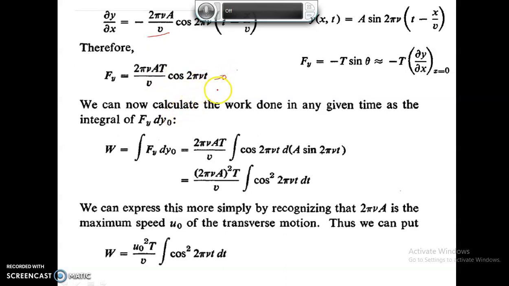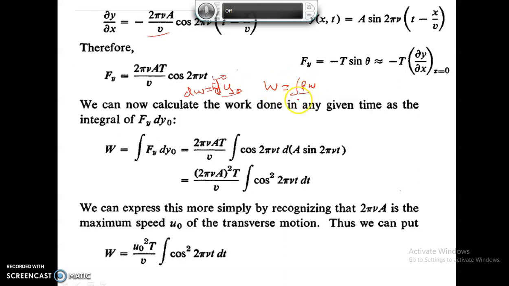Let it make an extremely small displacement for y at 0, say dy0. Then the work done, in terms of an extremely small amount, dW is equal to Fy into dy0. Then the overall work done by the wave over one complete cycle or over any desired range of displacement can be evaluated as the integral of this work, because work W is equal to integral dW.